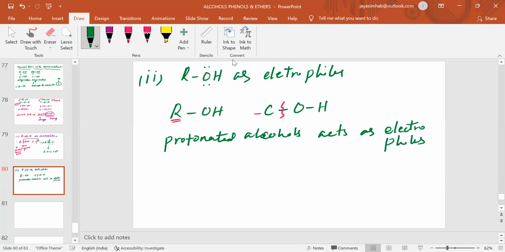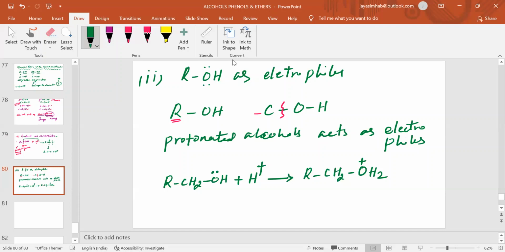How will we see how protonation will happen? Suppose RCH2OH is the alcohol, right? If it undergoes protonation, if it is added with H⁺ ion, H⁺ ion is called a proton, right? Then what will happen? It will be protonated: RCH2OH2⁺. Why? H⁺ means no electron in the hydrogen ion, right?